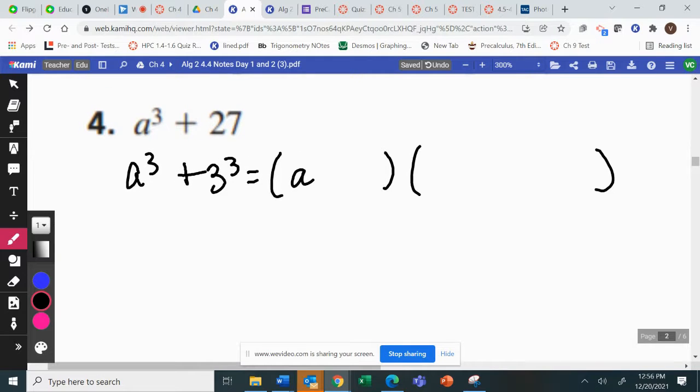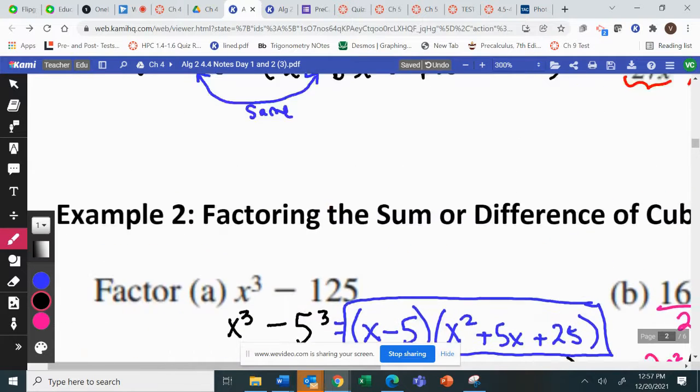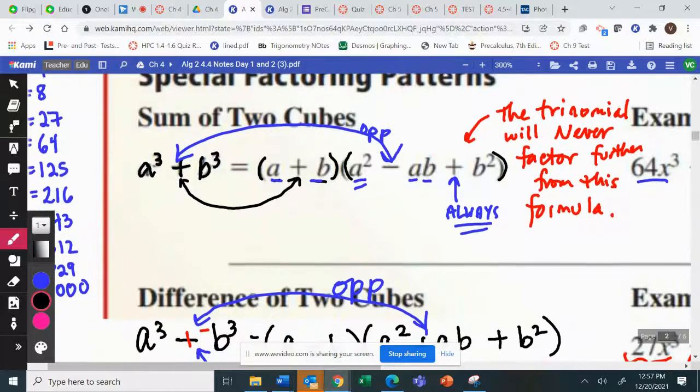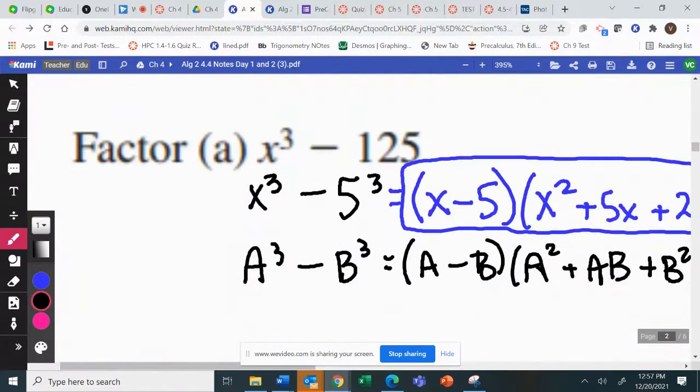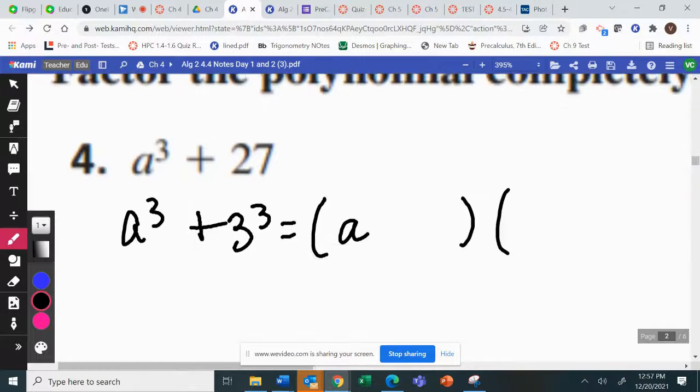The formula is on the paper. Do you have it open? It should be up here, the formula for sum. What's the first parenthesis say? A plus B. So what's yours going to say?